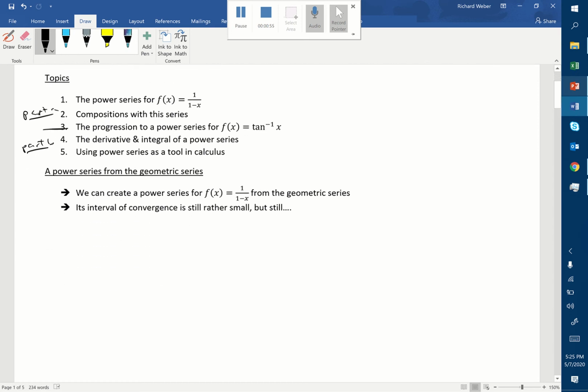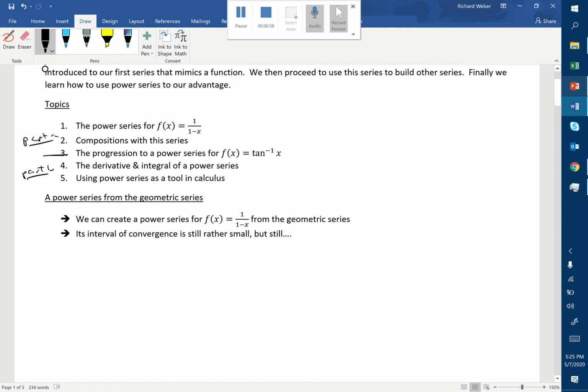A power series from a geometric series. All right, what I did in lecture already, but we'll do it again, is show you that if you're looking at a geometric series, the story we know is that I've got some number, and the next number I'm adding is that number times another number, and every term after that is just multiplying again and again. Like you could have a 5, plus 5 halves, plus 5 fourths, plus etc. You realize that a1 is 5 and r in this case is 1/2.